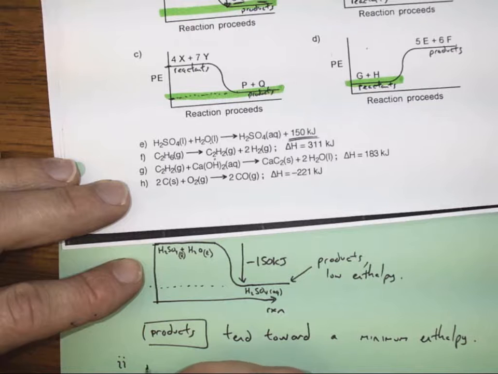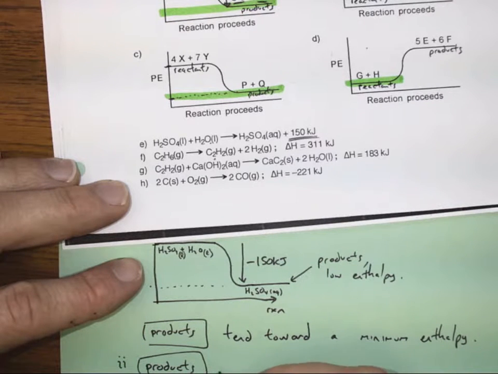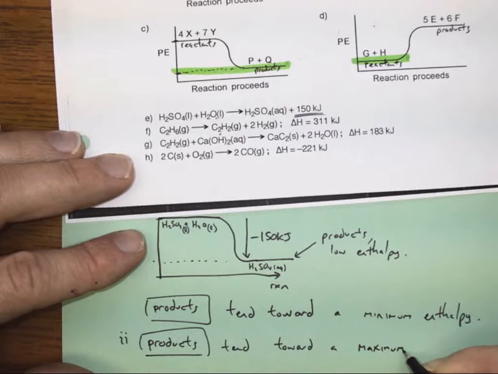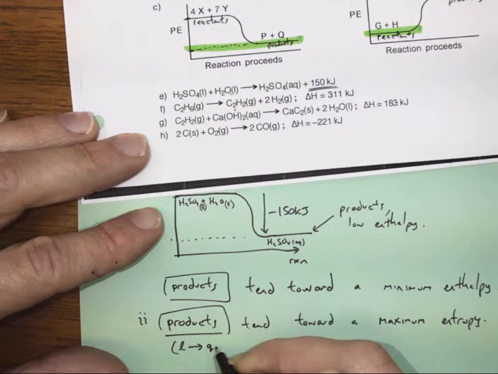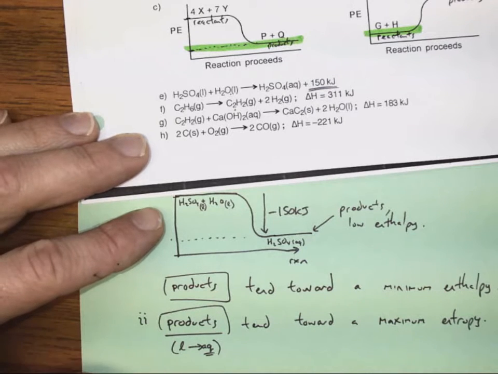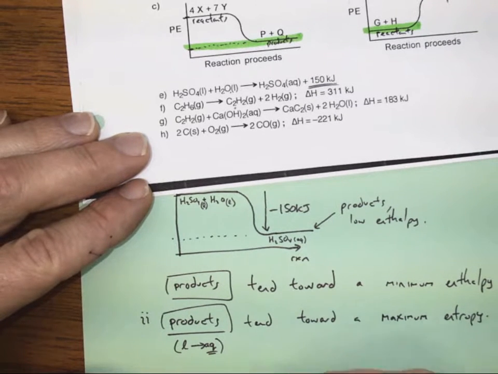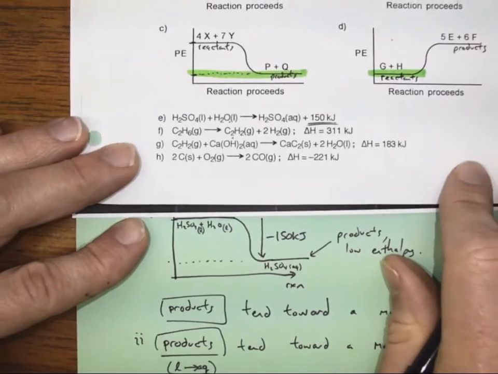That means my products tend toward a maximum entropy. The reason is that I have liquid going to aqueous, and those products have much more entropy.